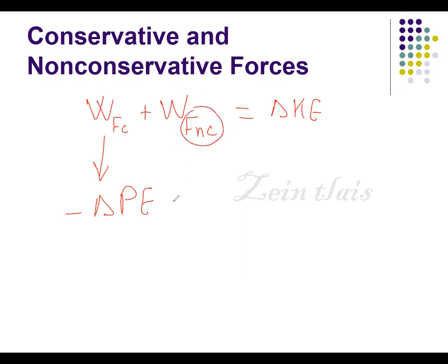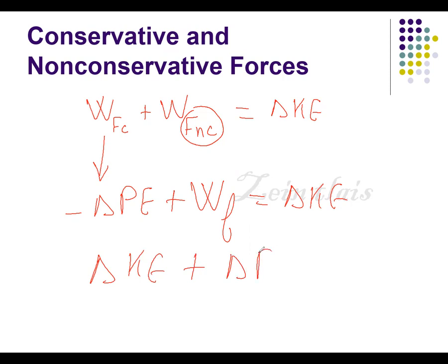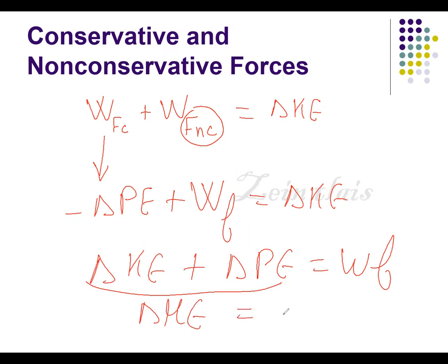F non-conservative, it's small f. So finally, we get delta kinetic energy plus delta potential energy equals omega f, and this relation equals delta mechanical energy equals omega f.